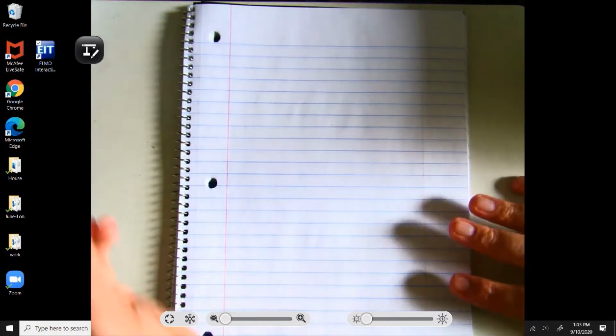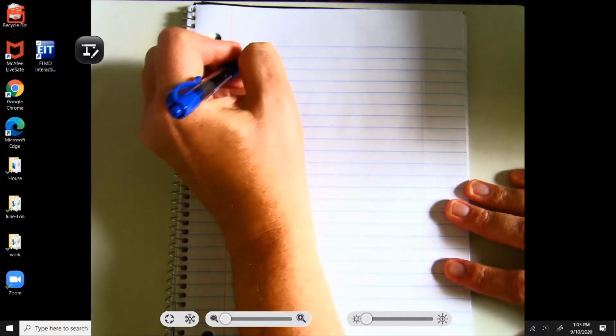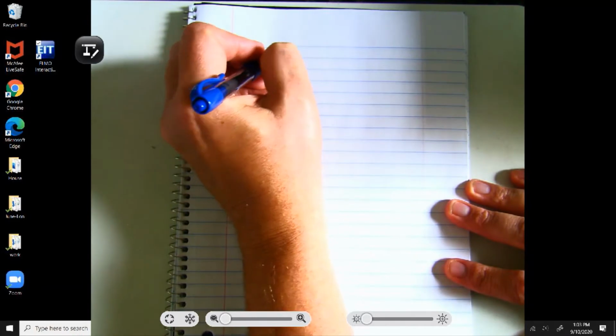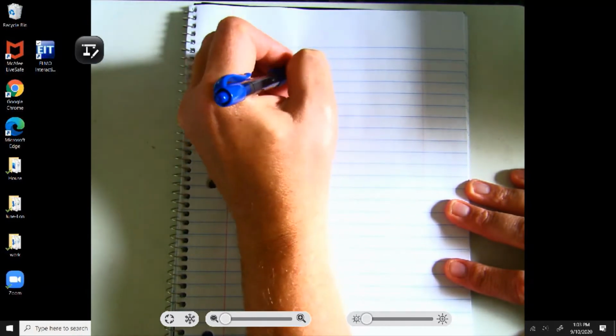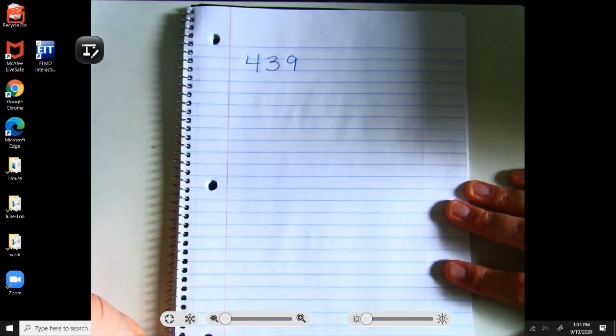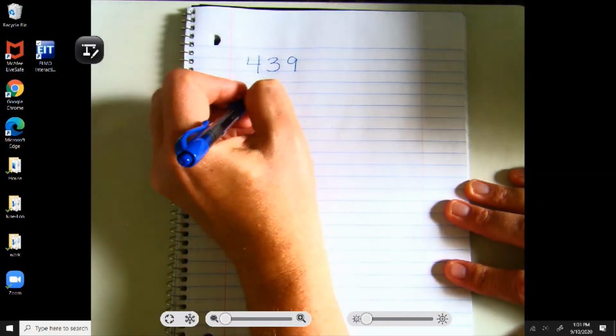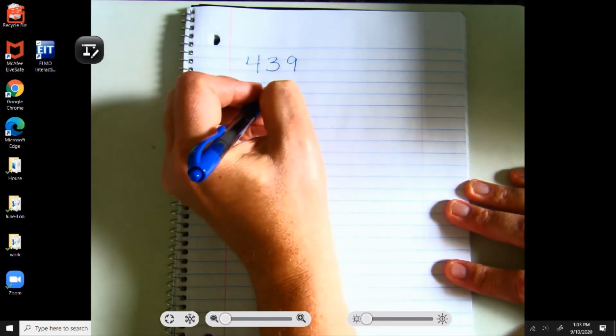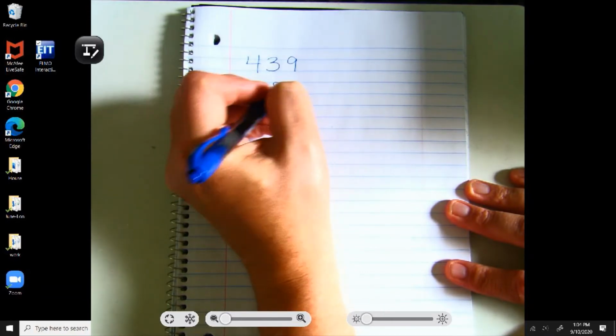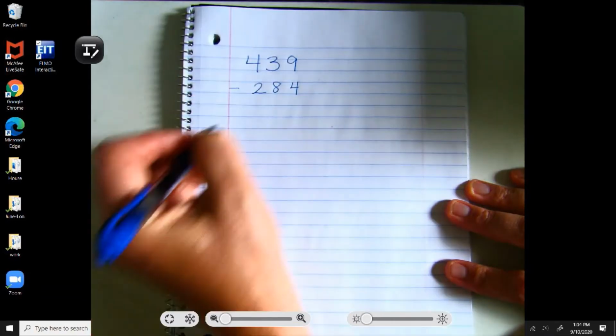All right, so for our first problem, let's say I have 439 M&Ms and I eat 284 of them.